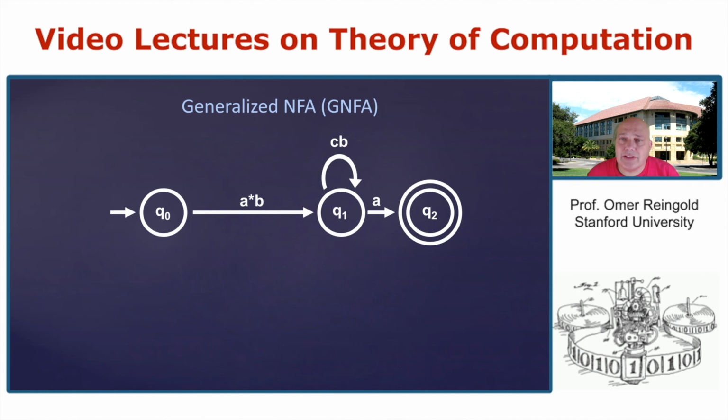So this is a generalized NFA. You still have the start vertex, you still have accept vertices, but now the edges are labeled by regular expressions. This one is by A star B, this by CB, this by A. Now when you take a path, each edge can read not a single symbol, but any string that corresponds to the regular expression.